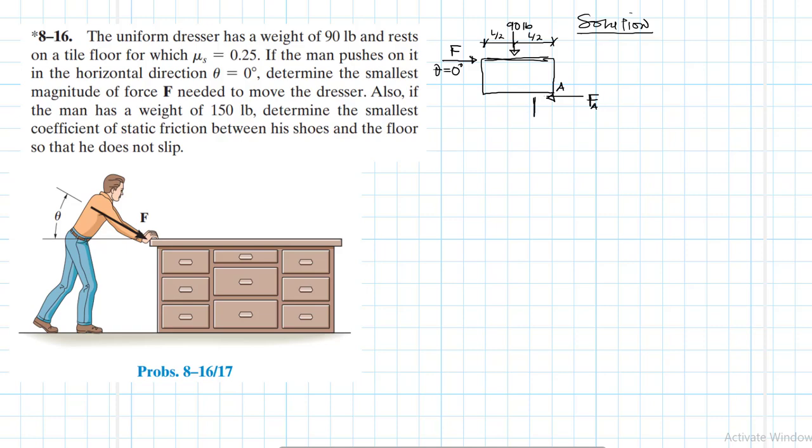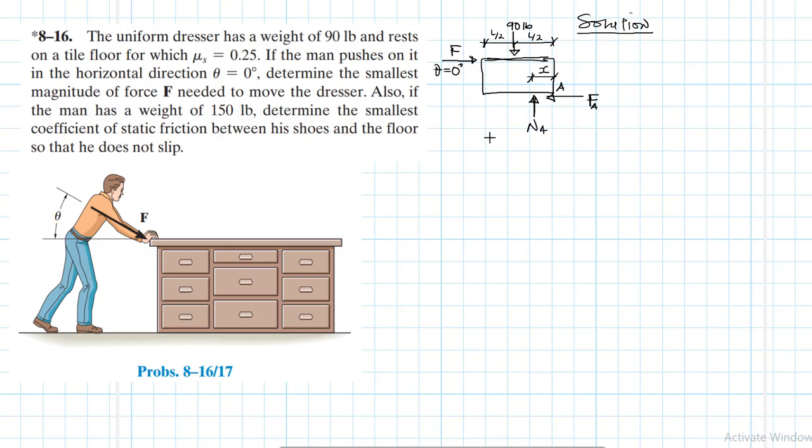Also let me call this reaction from the floor NA. And then there's going to be some distance from the edge of the dresser, which I'm going to call X, to prevent toppling over. Of course, we've not been asked to find that; I'm just indicating all the other nitty gritties. So with all this information, how many unknowns do we have? We have 1, 2, 3, 4.